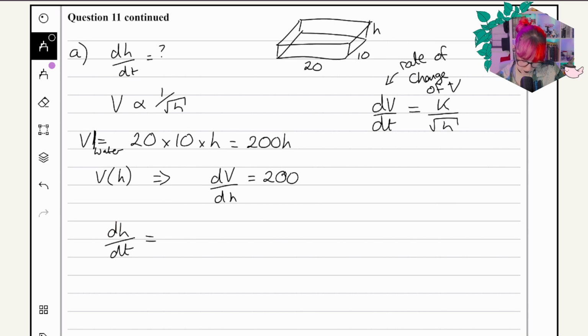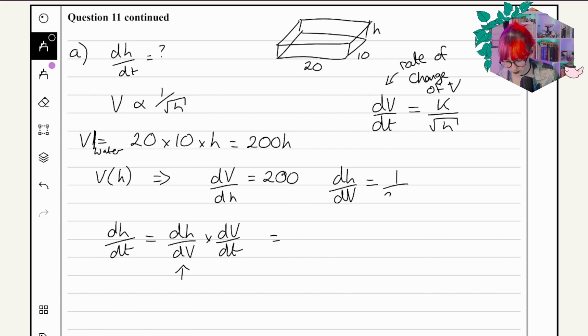So dh dt, we can do a chain rule here and do dh dv times dv dt. And it becomes a question of we need to find what dh dv is. Well, if dv dh is 200, dh dv is 1 over 200.